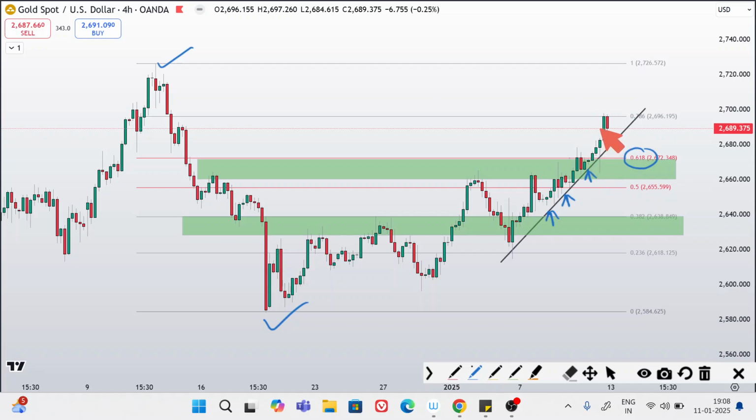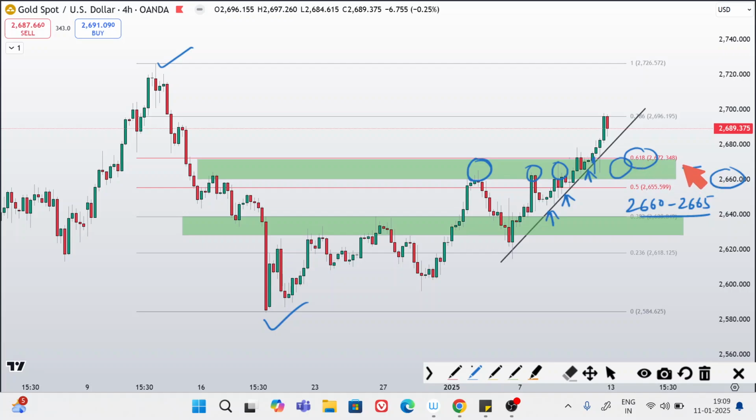And as you can see, this area around 2660, 2665 is going to act as the first support, because in this area we have seen a rejection, this right over here, this right over here, but finally price broke out from this level or this zone.